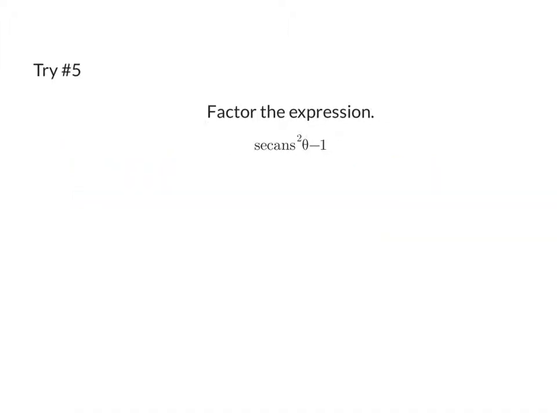All right, again, we are asked to factor the expression, and I want you to be very clear. This is just supposed to be secant squared theta minus 1. Again, this program for some reason writes it as secants, and it's really secant. Anyway, so secant squared theta minus 1. So again, if I use the substitution method, I can essentially say that x is secant theta.